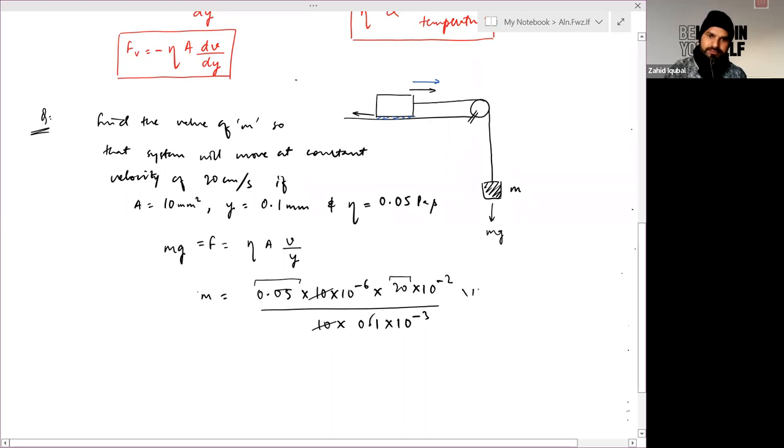In numerator, we have 10 to the power 6 and 10 to the power 2, 10 to the power minus 8. And in denominator, we have 10 to the power minus 3. So on moving to numerator, it will give you plus 3. On rearranging, you will get 10 to the power minus 4 kg.